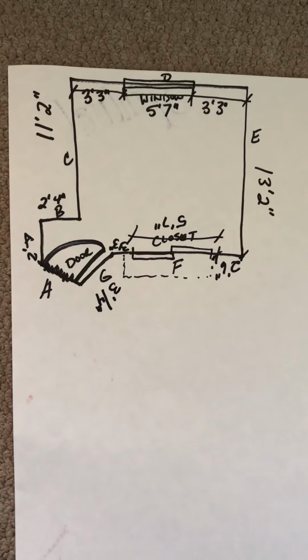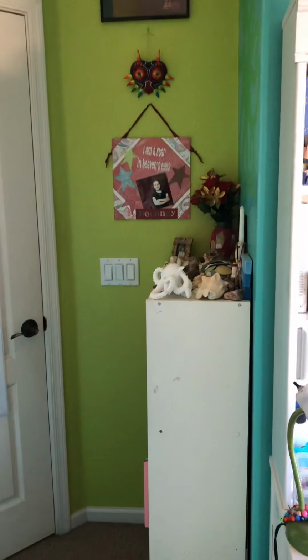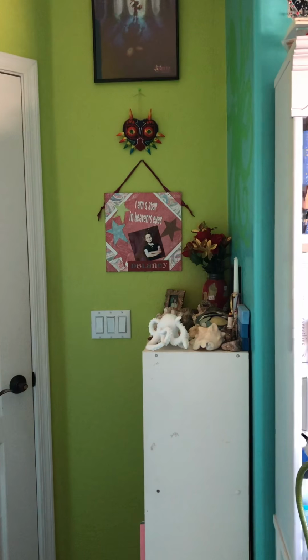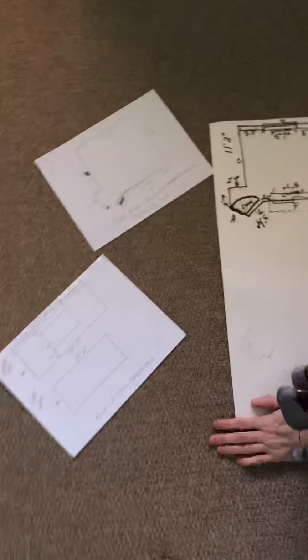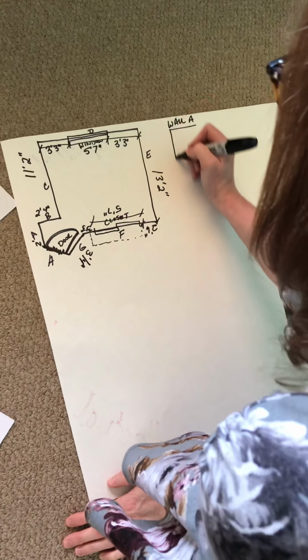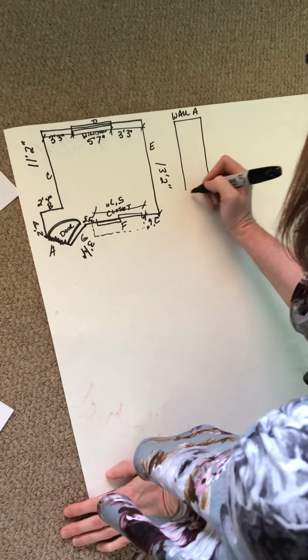So let's start with the wall A. If we look at that wall, it is just a long, skinny wall. We don't have to show any furniture. We don't have to show the switches or anything that's on the wall. So if I put wall A, and I'm just going to draw, because it's a sketch, a big rectangle.